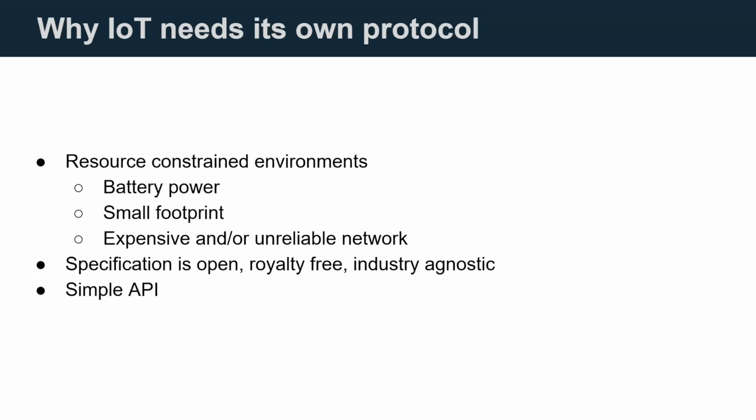The primary concern of many IoT projects is one of resource constraints. These devices may have tight power budgets or small memory availability, or they might be operating on networks that are either unreliable or expensive, each of which requires minimizing the amount of data transferred.